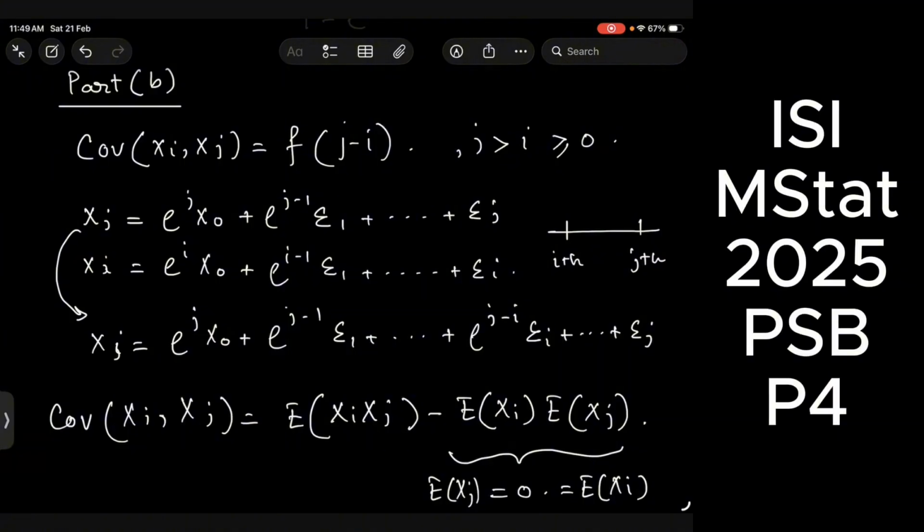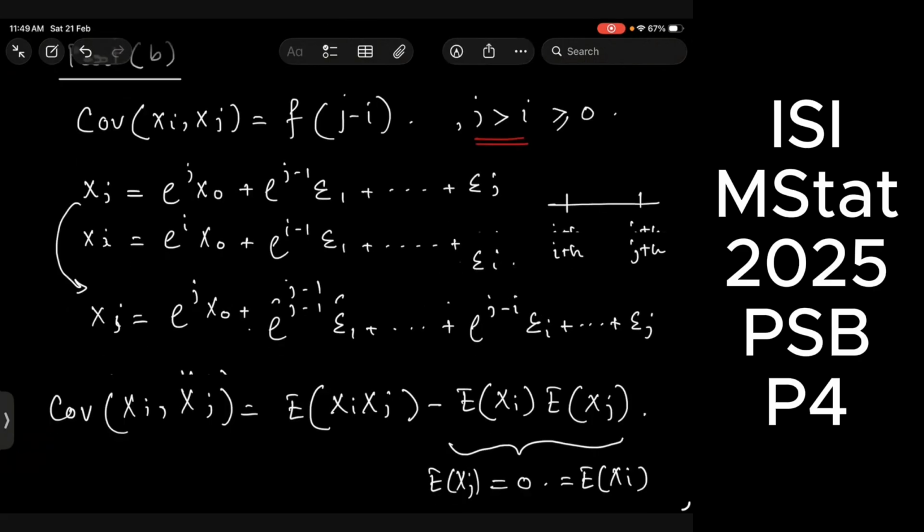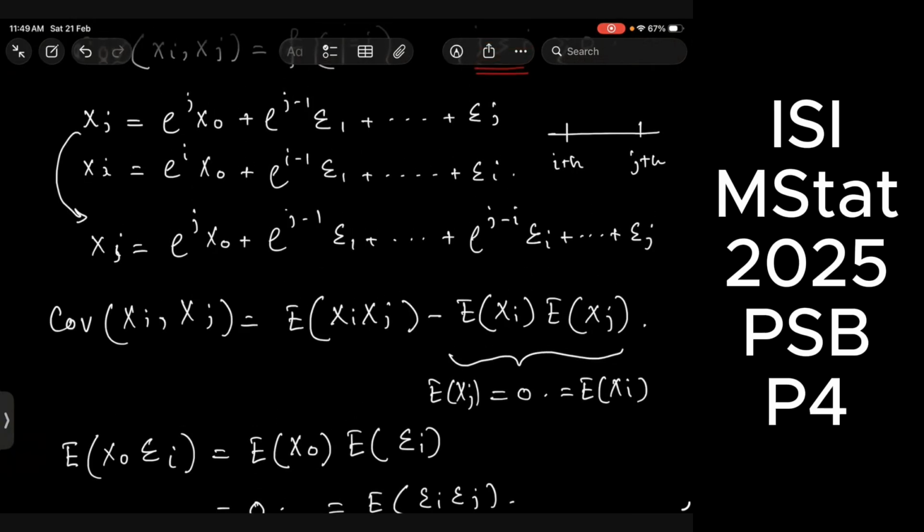Given that i is less than j, right? So we can bake in the expression of xi in the expression of xj like this.